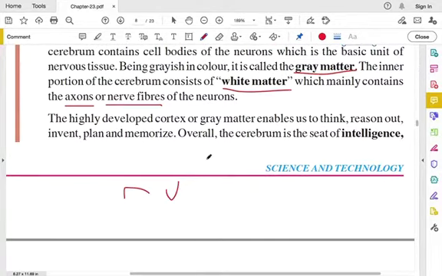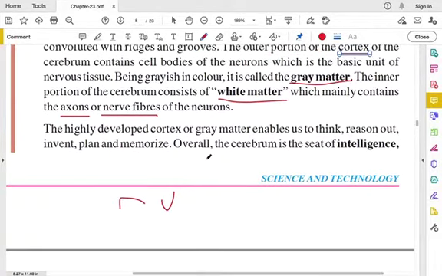So what is the function of this cerebrum? The highly developed cortex or gray matter enables us to think, reason out, invent, plan, and memorize. Any intellectual processes like thinking, reasoning out, and planning are a function of this cortex, that is the cerebrum.